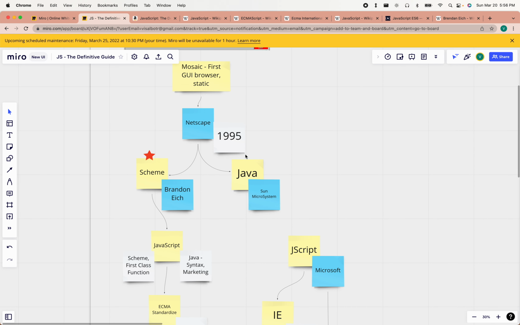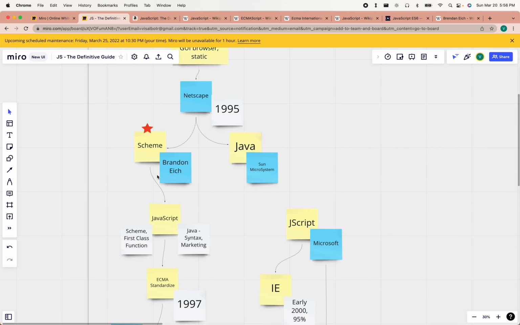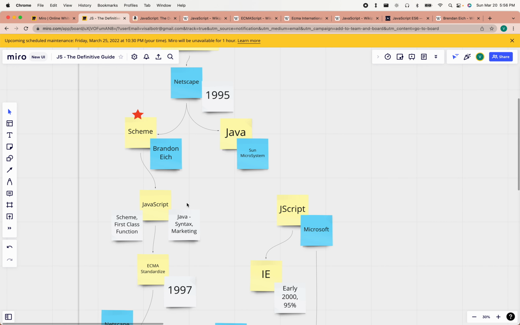So at that time they decided to go with the scheme type of programming language, and that programming language is known today as JavaScript. And JavaScript is a scheme-like language with first-class functions, and its syntax is very similar to Java.